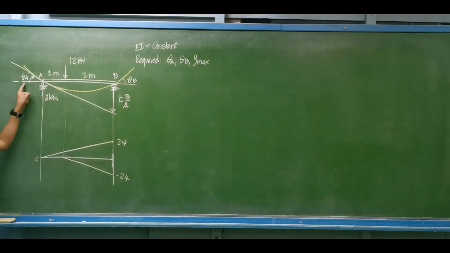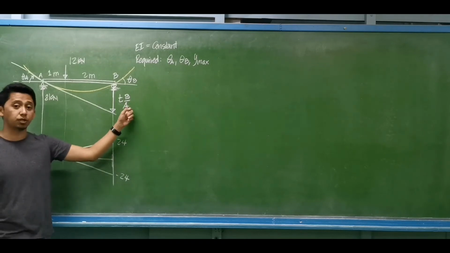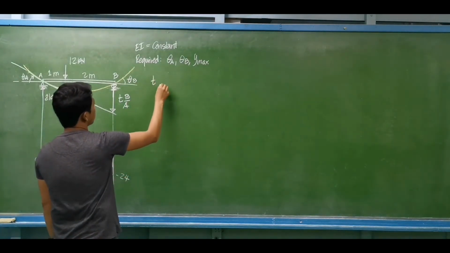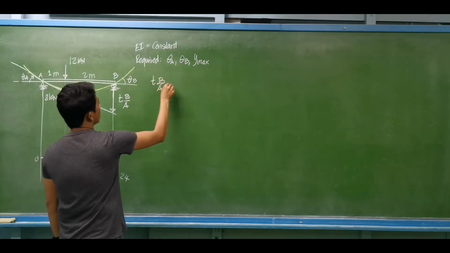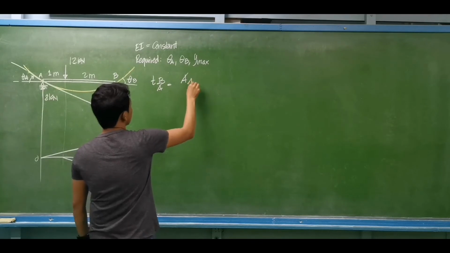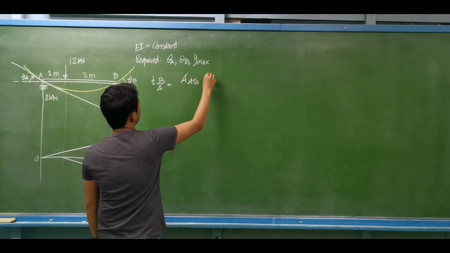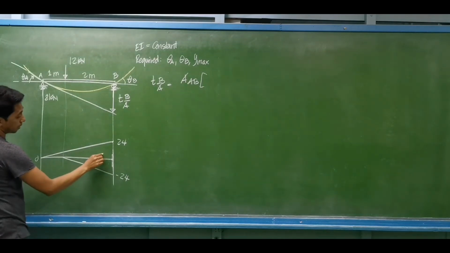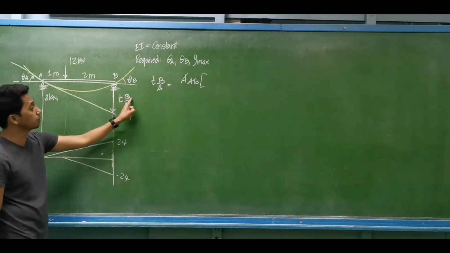To determine theta sub A and theta sub B, let's first compute the deviation from A to B. The deviation from A to B is equal to the area of the moment diagram from A to B, multiplied by the distance of the centroid of that moment diagram towards your second point.